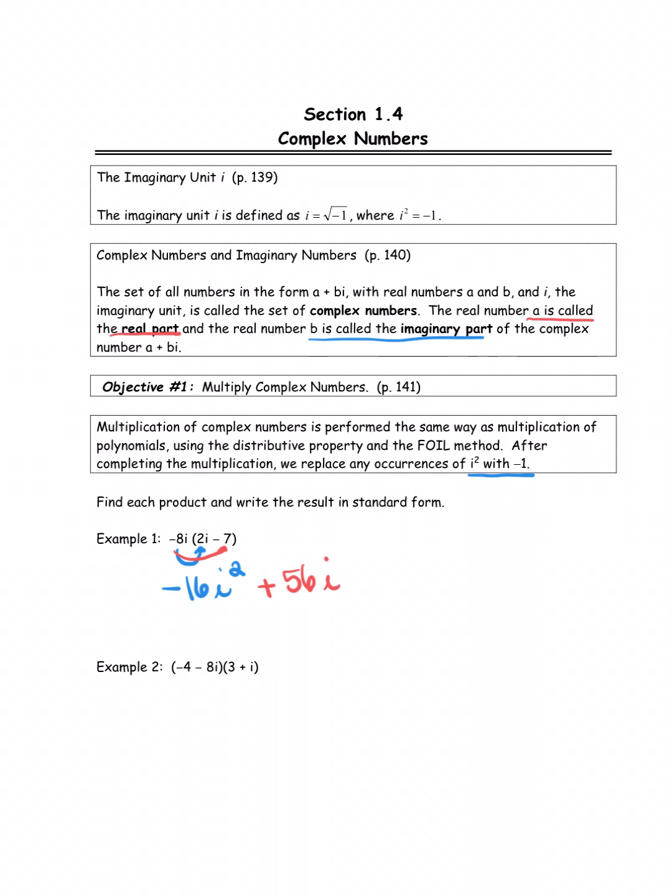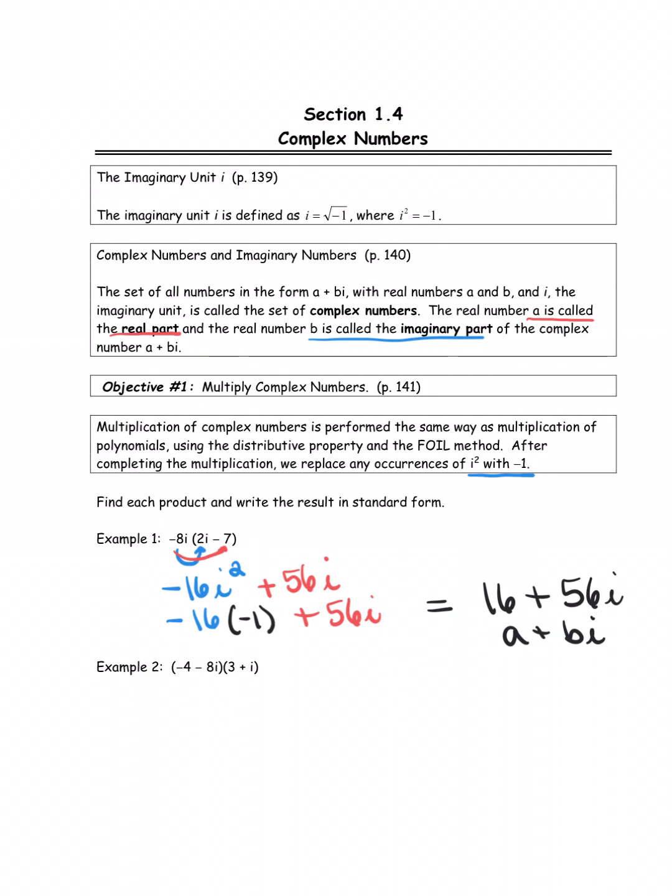And we know that i squared is -1, so it's -16 times -1 plus 56i. And to clean it up, my final answer here is positive 16 plus 56i. Notice this is written in a plus bi format.